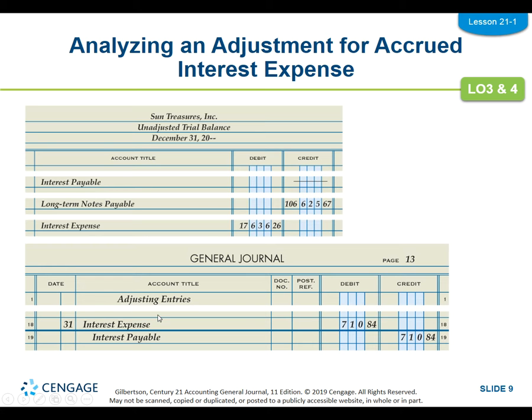You just calculated an adjusting entry. The interest expense is $710.84, and the interest payable is the same amount, and that's what you just calculated to do an adjusting entry. You haven't paid this yet, but you have to record it in the month or the quarter that it is, or the fiscal period that it is earned in.